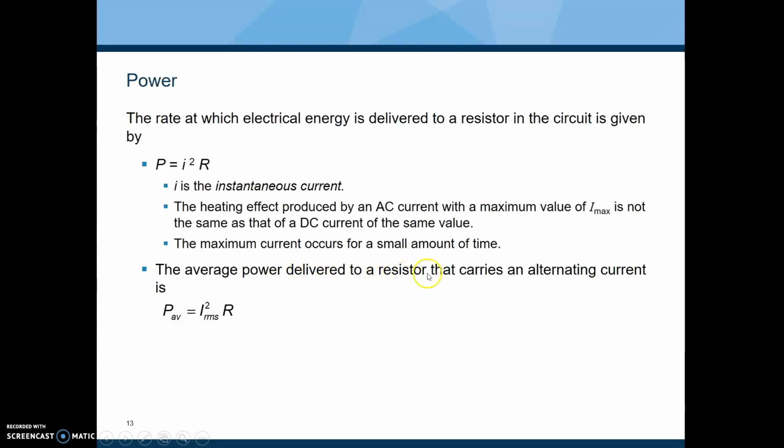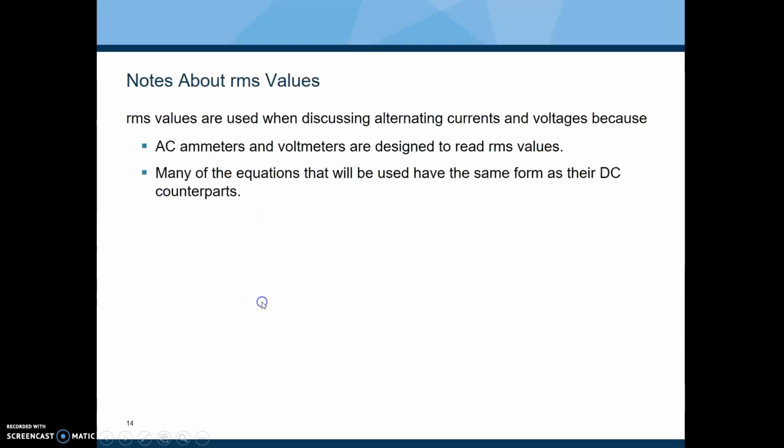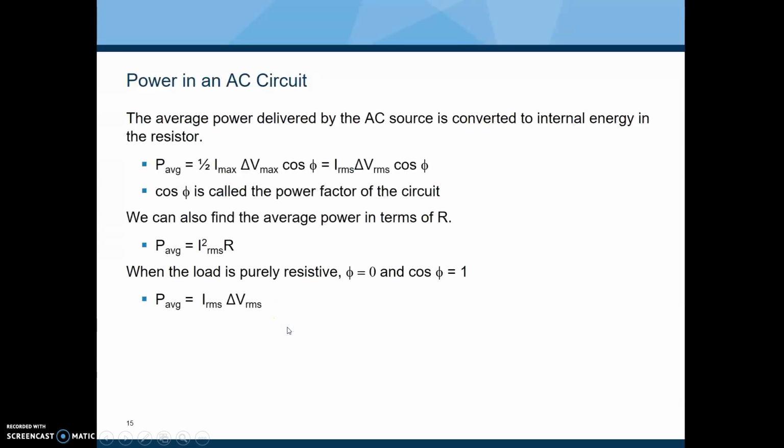The average power delivered to a resistor that carries an alternating current is P average = IRMS squared times R. RMS values are used when discussing alternating currents and voltages because AC ammeters and voltmeters are designed to read RMS values. Many of the equations used have the same form as their DC counterparts.